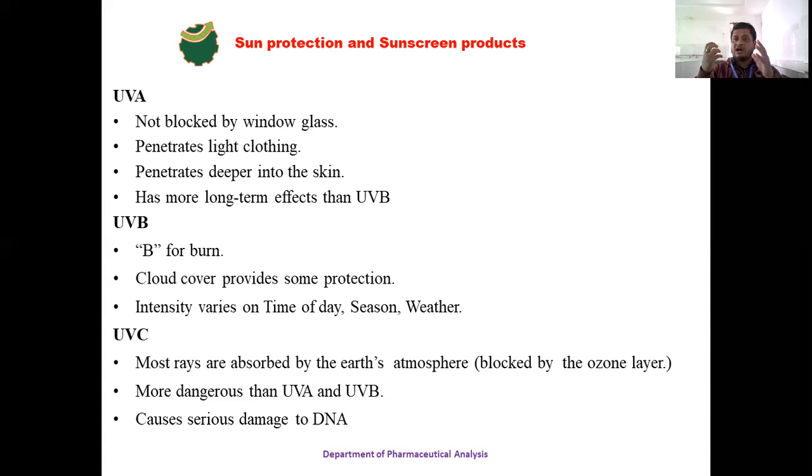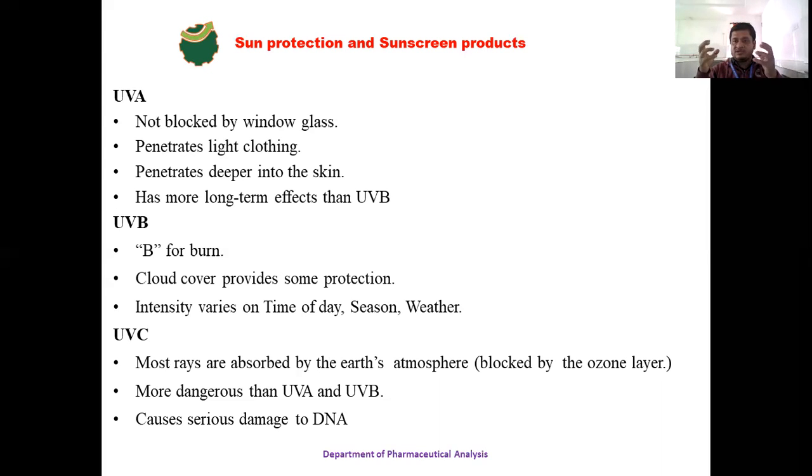Mainly, the higher wavelength, which is not harmful for our skin, can be allowed, and the lower wavelength will be retained on the sunscreen or reflected back. It will not allow the lower wavelength to pass and come in contact with the skin.